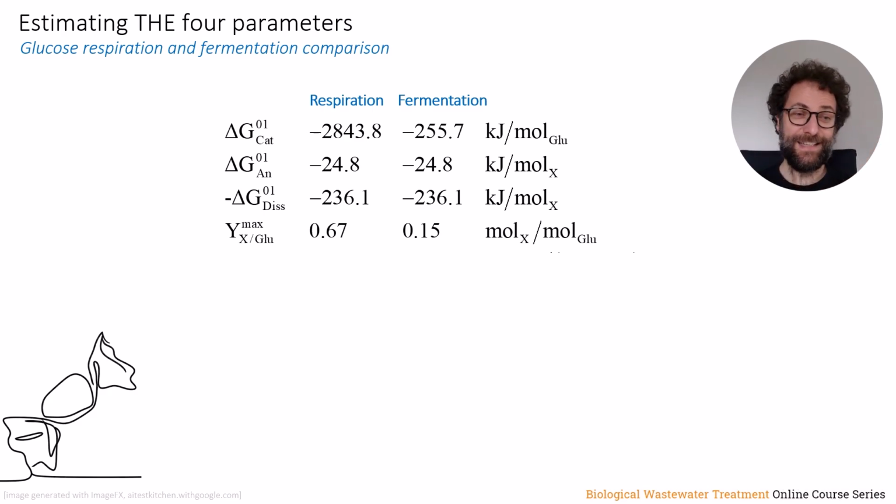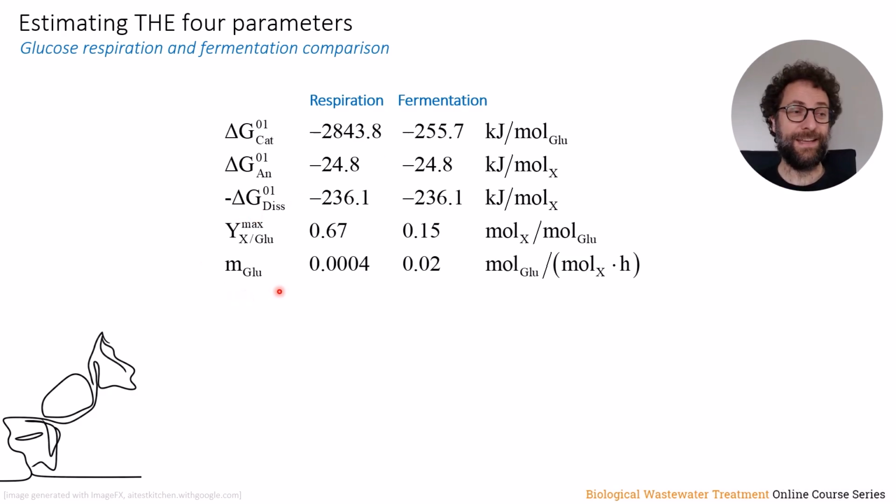Now, let's look at the kinetic parameters. If we look at the moles of glucose that are required per mole biomass per hour for maintenance purposes, there is also a huge difference here.